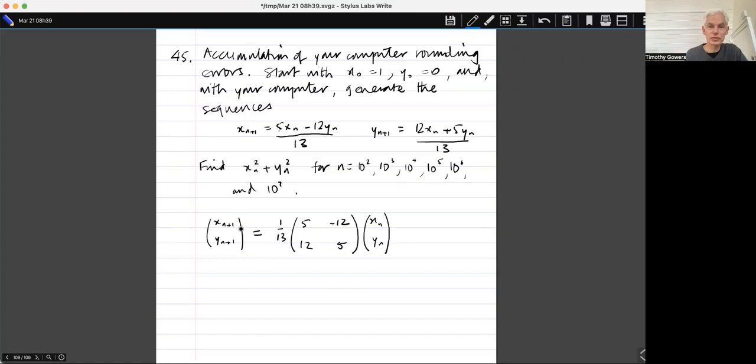And so now we see that this just looks like a rotation. So 5 squared plus 12 squared is 13. So the determinant of this is not in fact 1, but seems to be 13.